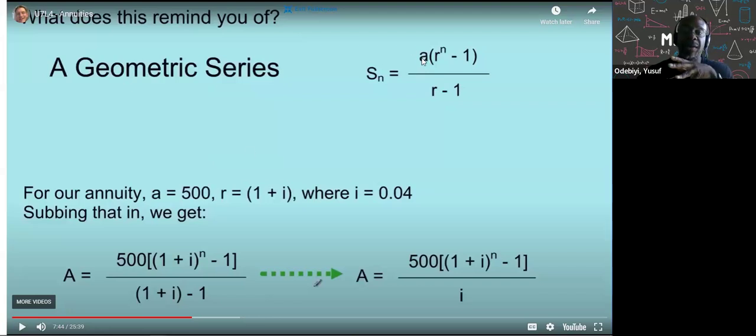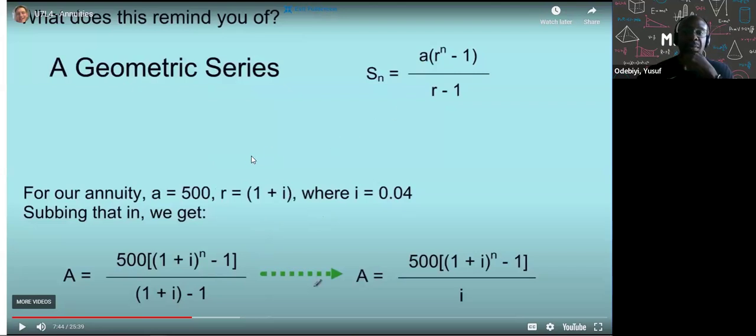And R, in this case, is 1 plus I. And then n was the term, whatever term we're talking about. We don't know what term yet, but this is just showing you the basic formula.